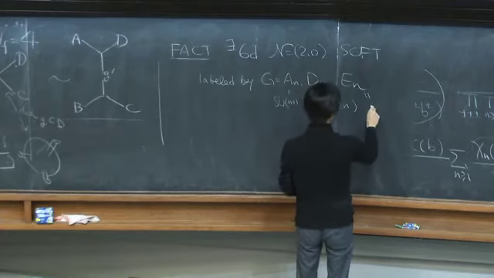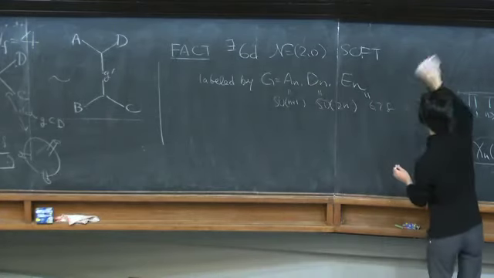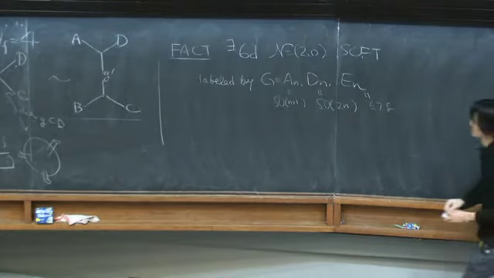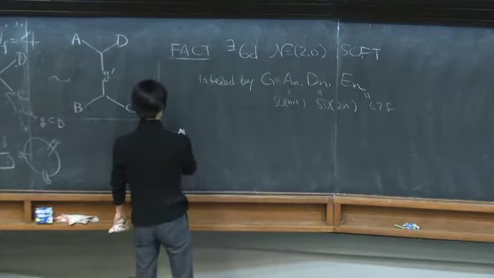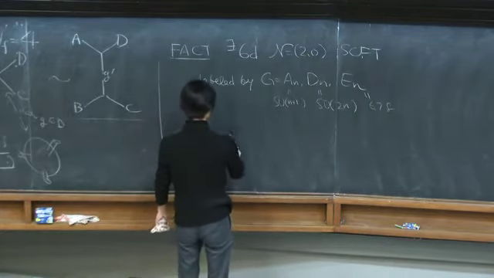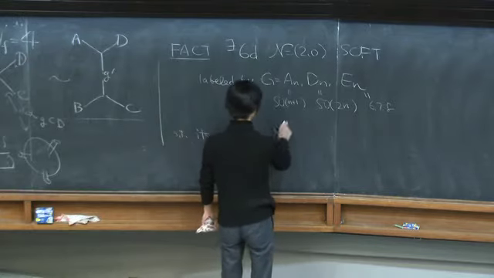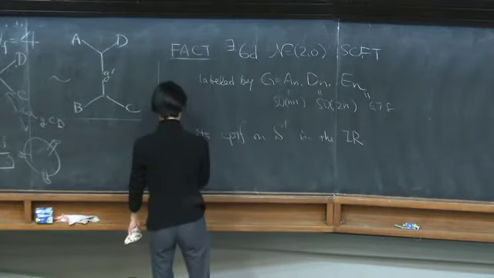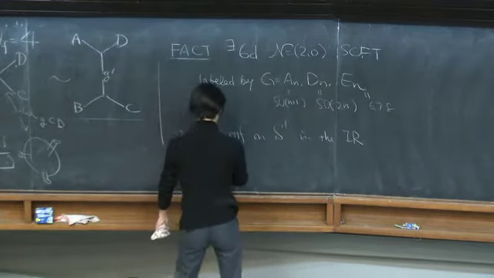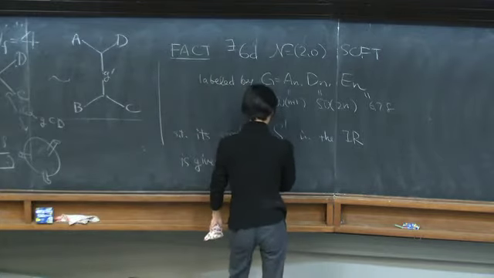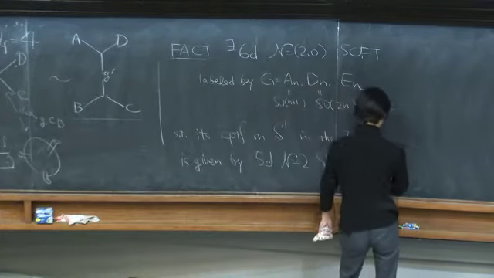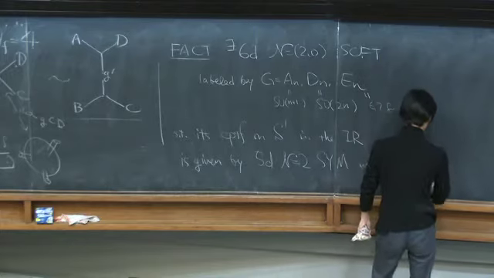And N is 6, 7, 8, such that its compactification on S1 in the IR is given by 5D N=2 super Yang-Mills with a gauge group G.